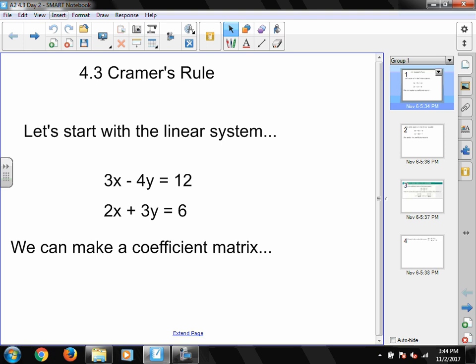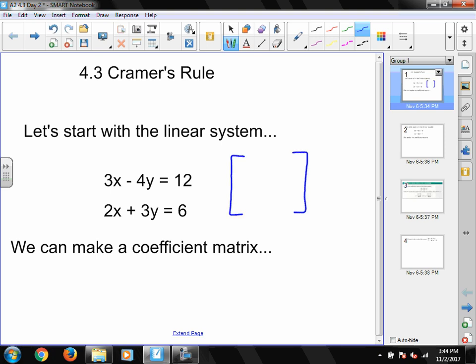So, if I have this linear system here, my coefficient matrix, since I have a system with two equations and two variables, is going to go 3 and negative 4 and 2 and 3, just like this.